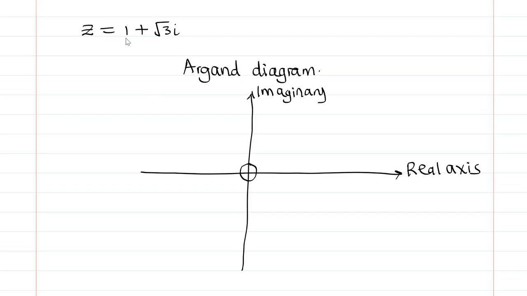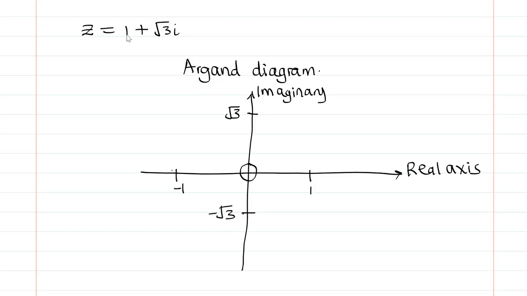The real part of this complex number is 1. So 1 must lie on the real axis. Mark anywhere 1, then you mark the corresponding value, -1, approximately the same distance from the origin. And then our imaginary part has root 3. So you mark anywhere here, positive root 3, then you mark the corresponding negative, which is negative root 3.